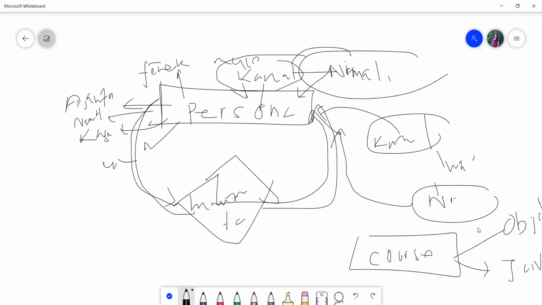So when we consider these two, they belong to the same entity. When we consider object oriented, it is a course. When we consider Java, it is also a course. Okay. So this Java needs to pre-request this one. So that means Java requires object oriented. So within the same entity, you can see a relationship like this.